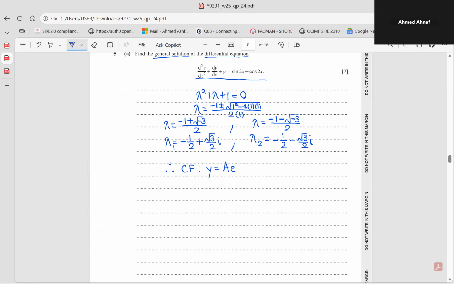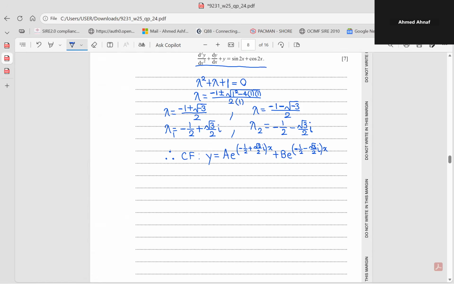So lambda 1 is minus half plus square root 3 over 2 i, x, plus b e to the power of negative half minus square root 3 over 2 i, to the power of x.